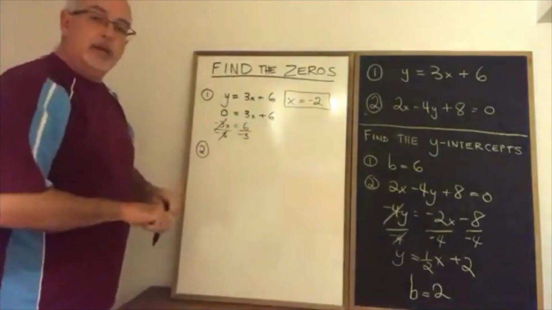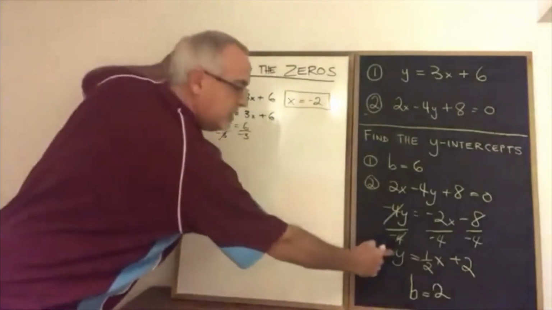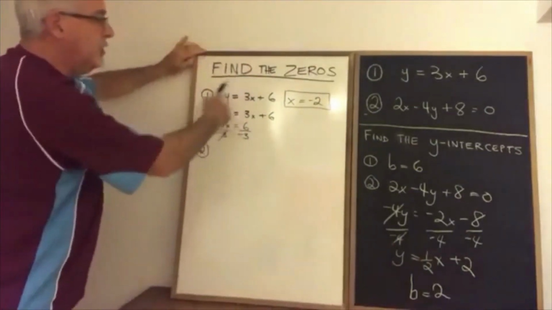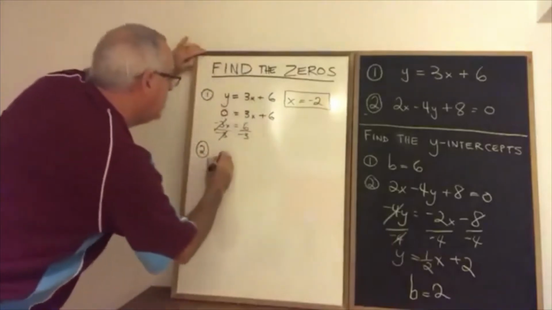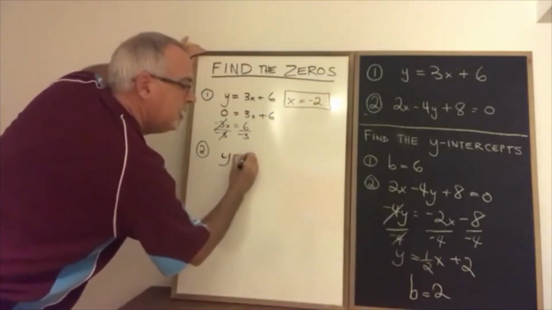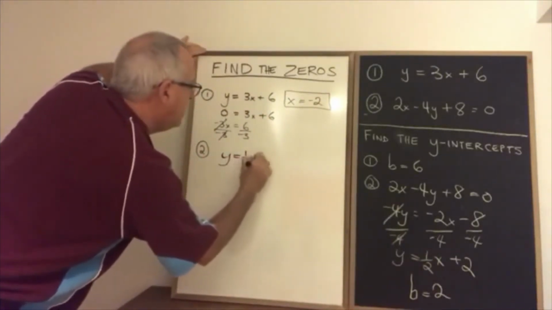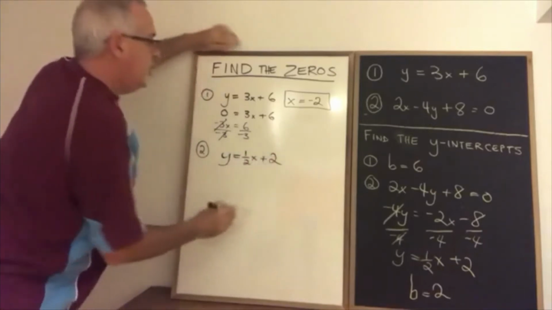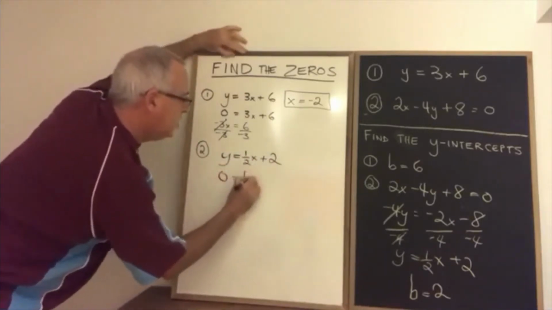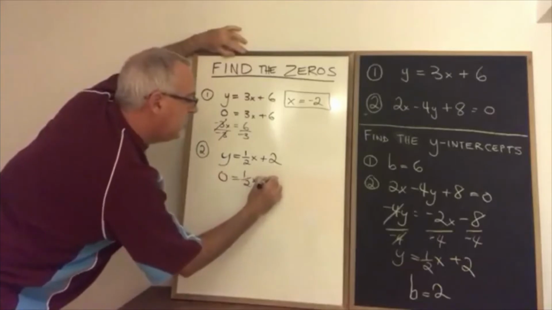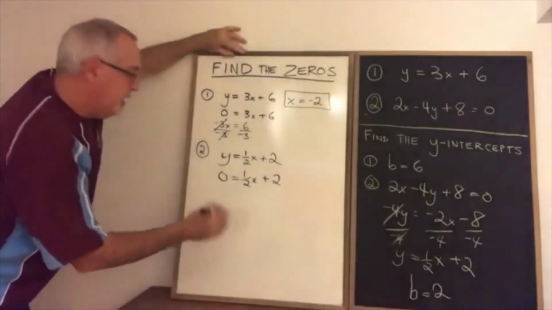And now I'm going to find the 0. I'm going to use this y equals ax plus b form, and I'm going to do it the same way I did here. I make y equal to 0, and then I isolate my x.